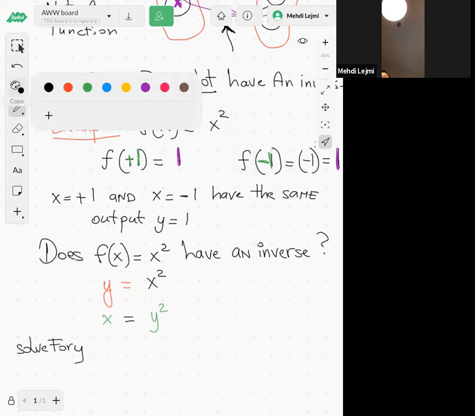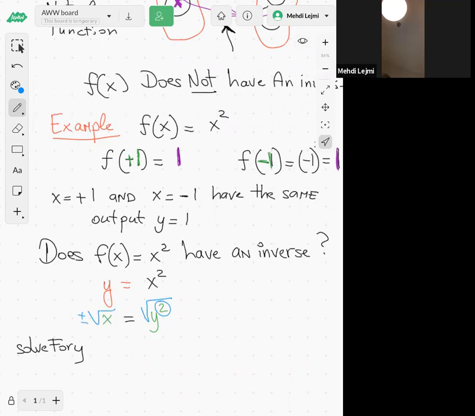But then when you solve for y, you have to apply the square root here, and because of the even power, you're going to need the plus or minus. So when you solve for y, you're going to have y equal to plus or minus square root of x. And this is supposed to be the inverse function, right?